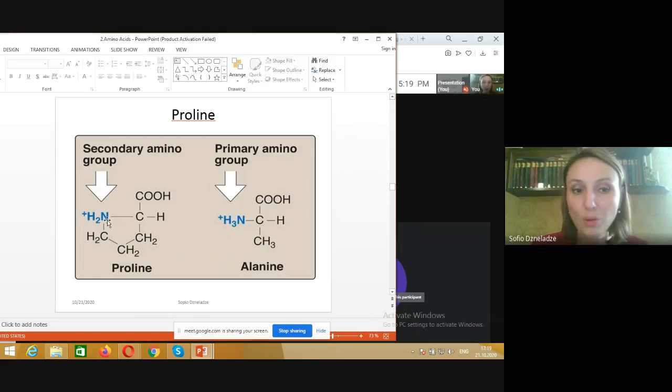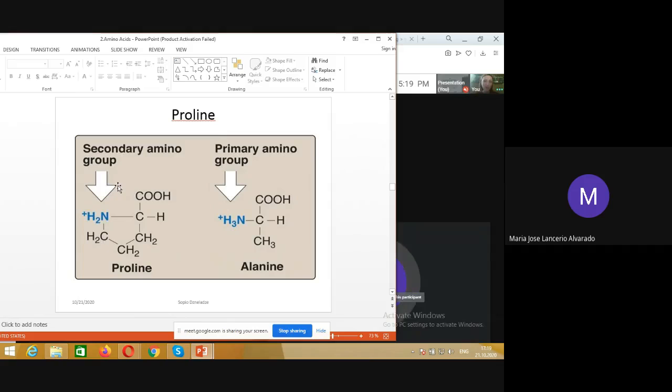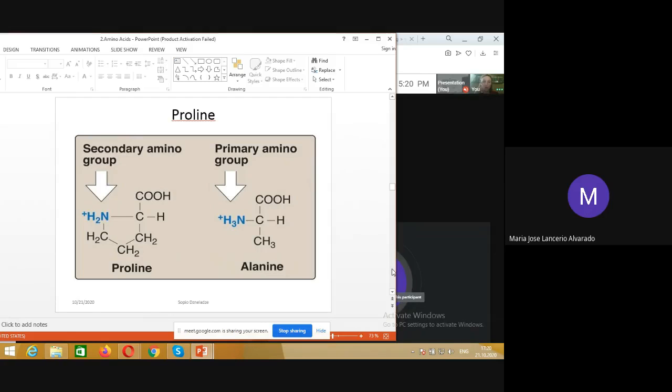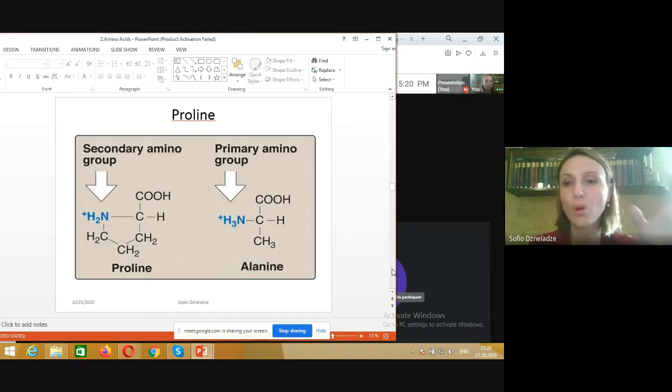Yes, it's a part of this five-membered ring, whereas the amino group of other amino acids is free. That's why this proline can make kinks, turns, and disrupt the polypeptide chain. If I ask why the proline is an exception, you need to find the correct answer: it has a secondary amino group.